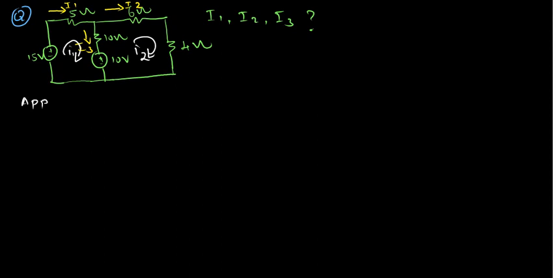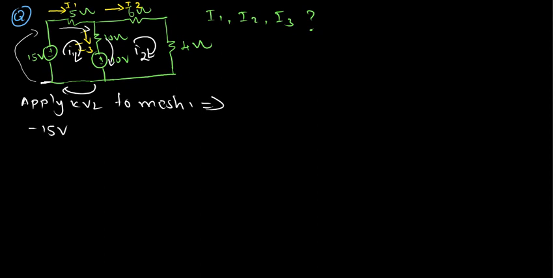Then I apply KVL, Kirchhoff's voltage law, to mesh 1. KVL means the whole voltage drop across a mesh is equal to 0. So I start here and go around the mesh. This is minus 15 volts, plus here we don't know the voltage, but we know the current I1 in this mesh and the resistance.